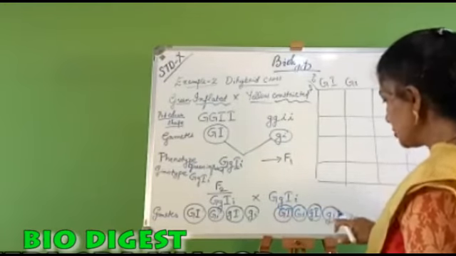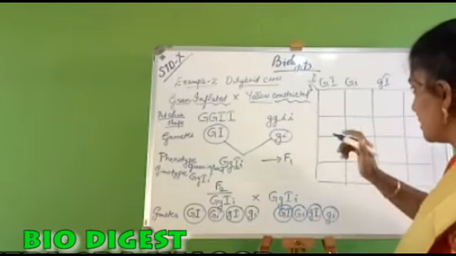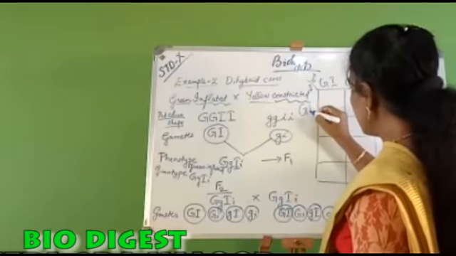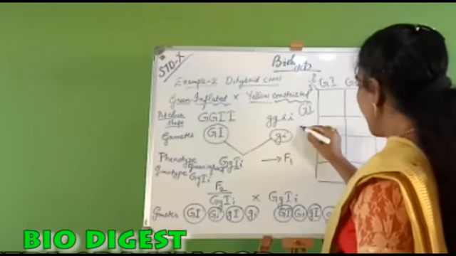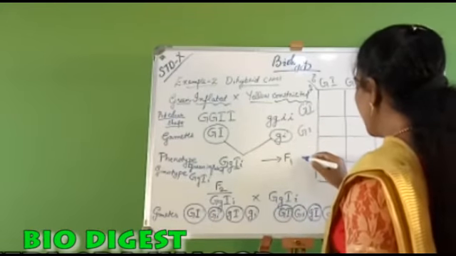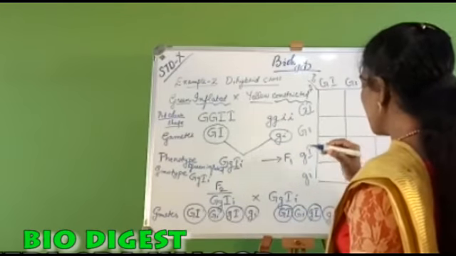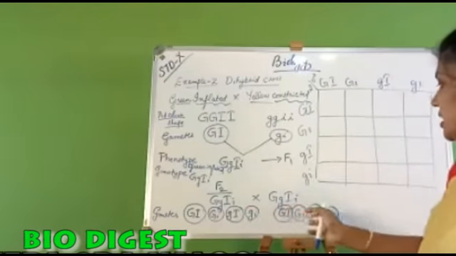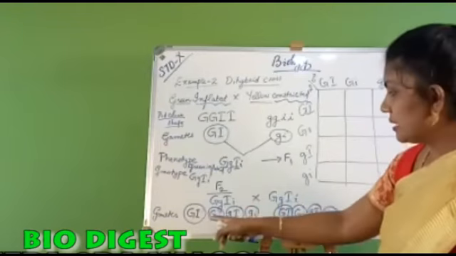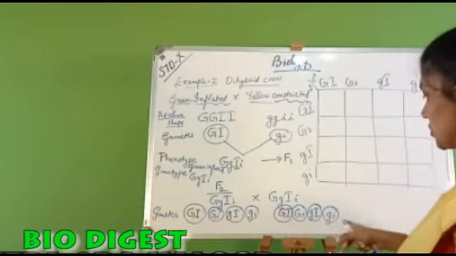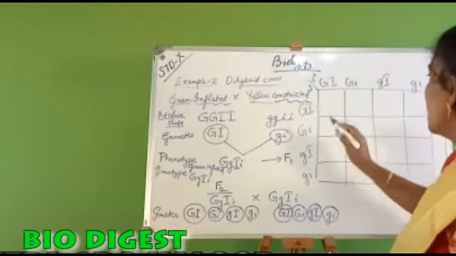Okay. Now moving to the female plant's gametes. Again capital G, capital I. Capital G, small i. Small g, capital I. And small g, small i. Don't change the order, okay? If you are writing this in this order, the next also you write in the same order.